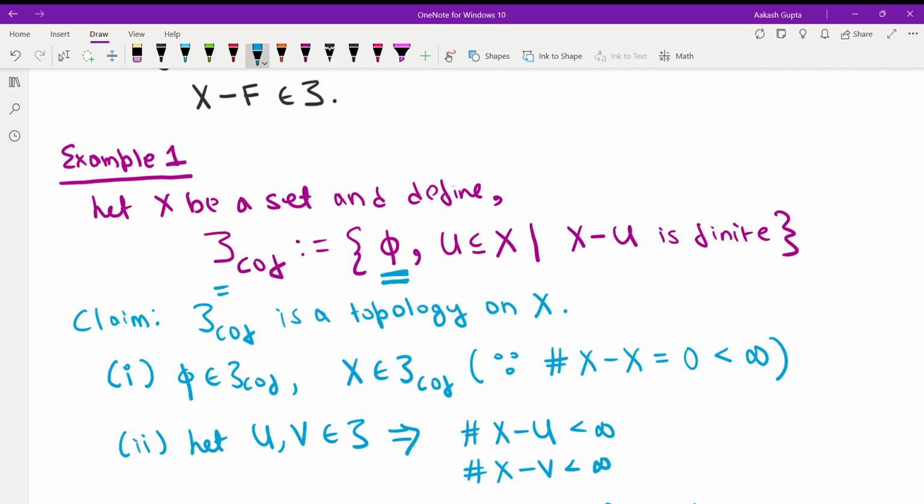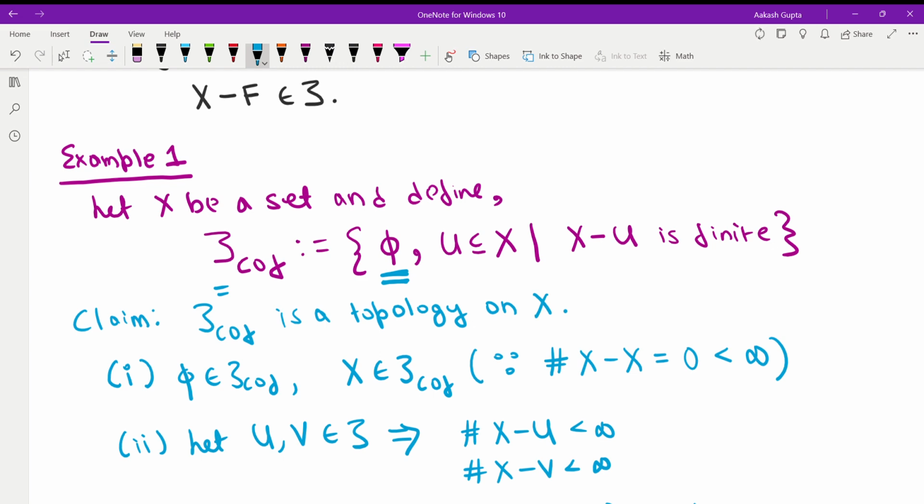My question is why? Let me just verbally answer you. What if the set X is infinite? If set X is infinite, then what would be the complement of phi? The whole space X, right?